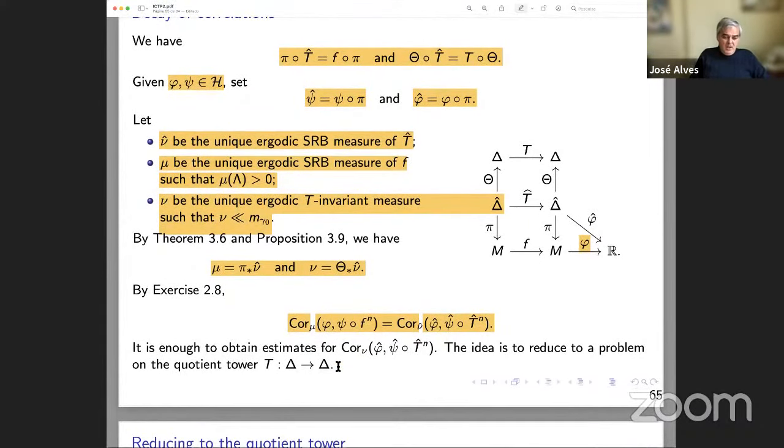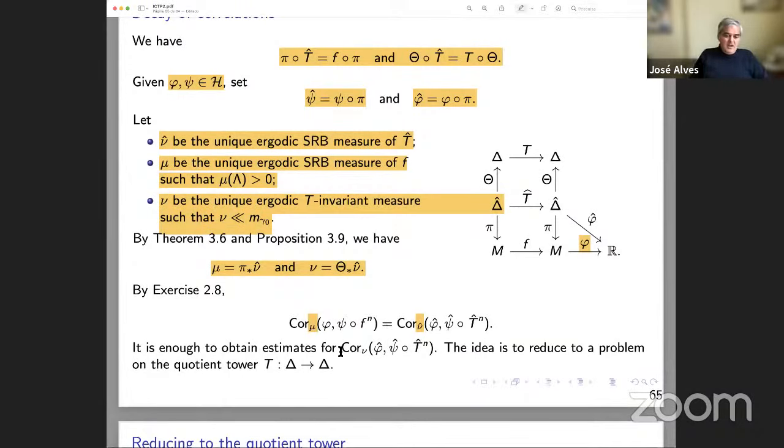And so we want to obtain estimates for the decay of correlations of f with respect to the measure mu. And so we pass the problem to this tower hat. It's not the quotient tower, it's this one, which is semi-conjugated to the original dynamics. So it's the one that is an extension of the original dynamics.